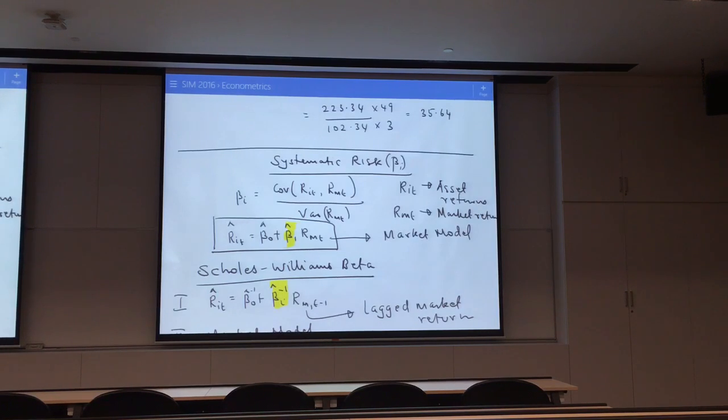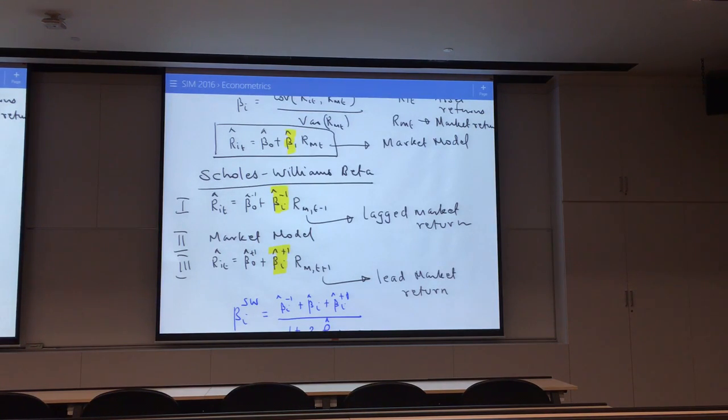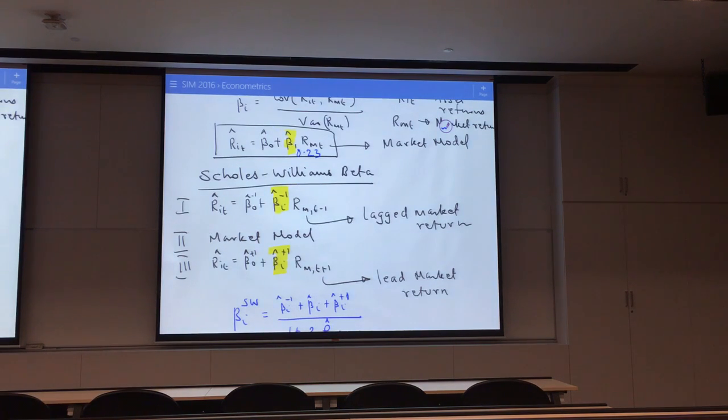Next we will see the Scholes-Williams beta, for which you need to have 3 betas calculated. Already we have calculated 1 beta, so we have beta 1 hat.